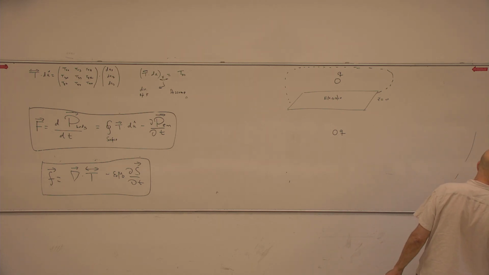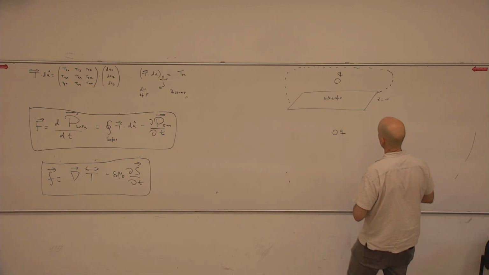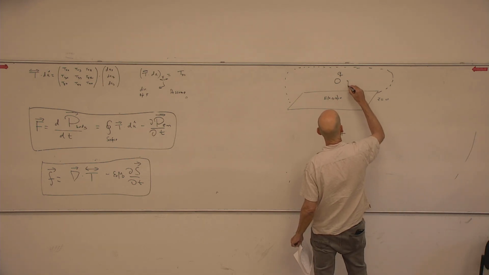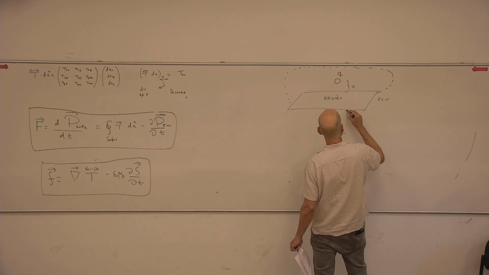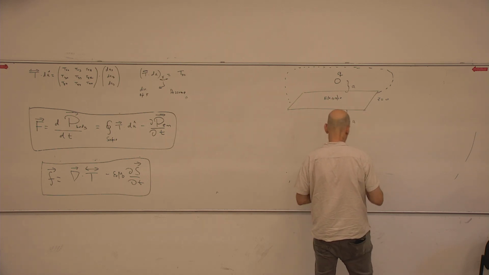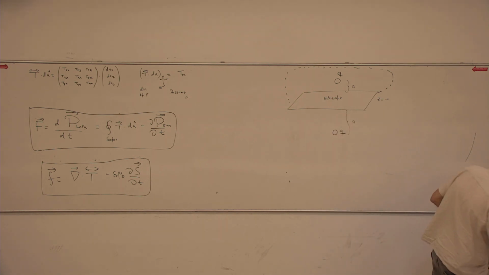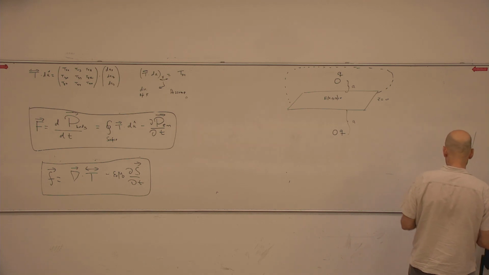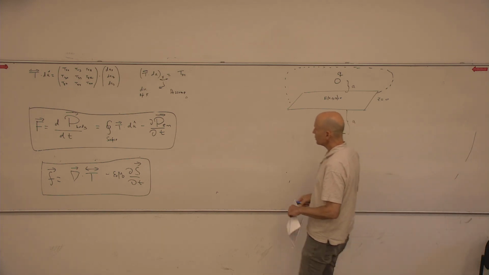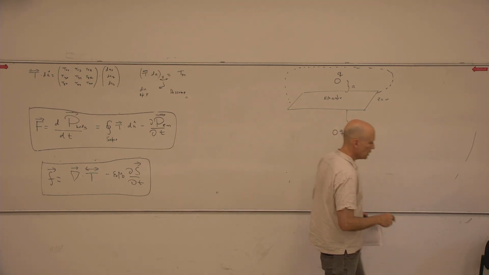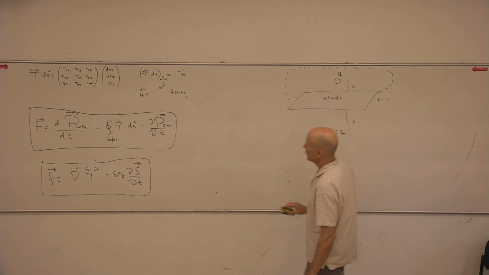So we need to define this distance. Sorry that my painting is very bad as usual. This distance is A, and this distance is also A. So let us write down what E is, the electric field.